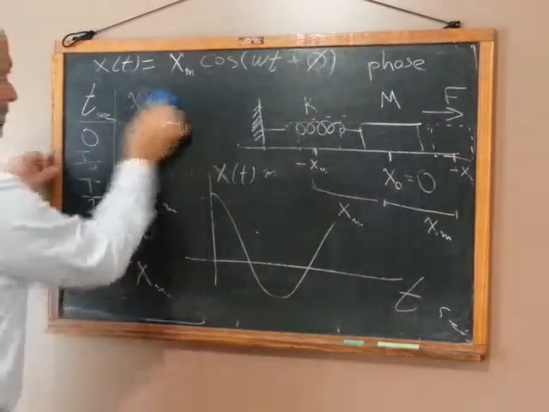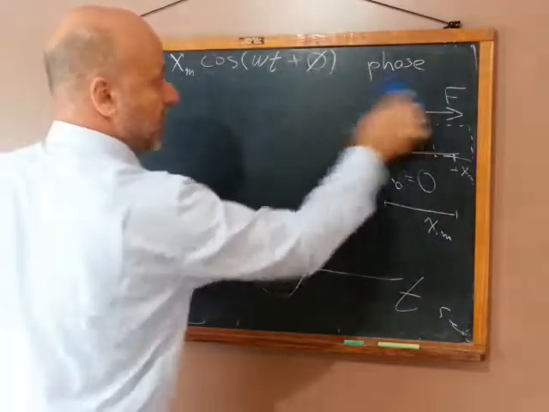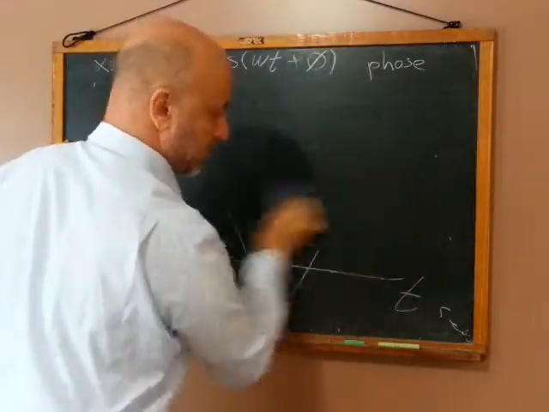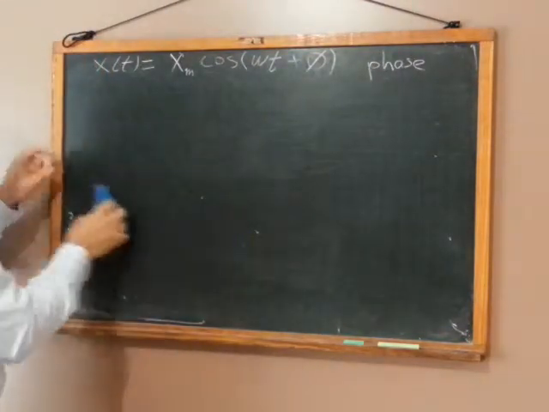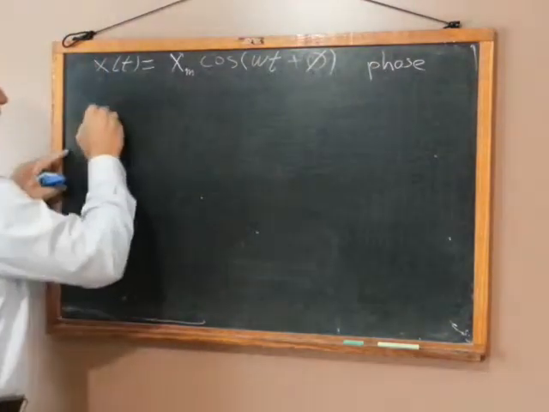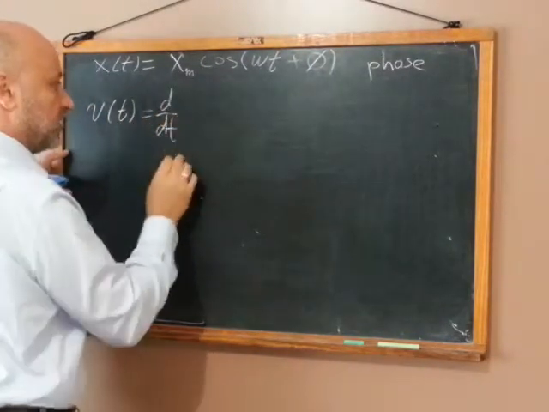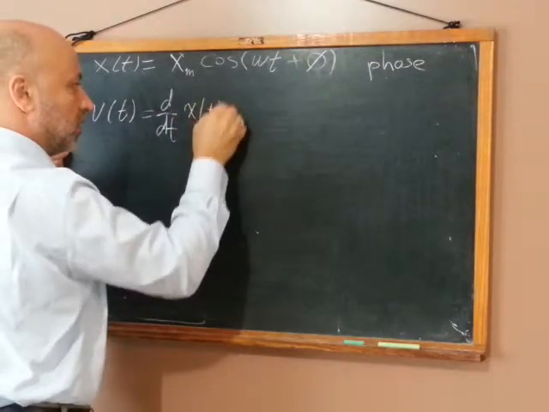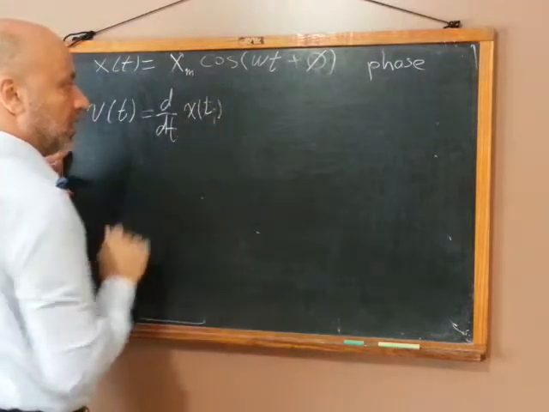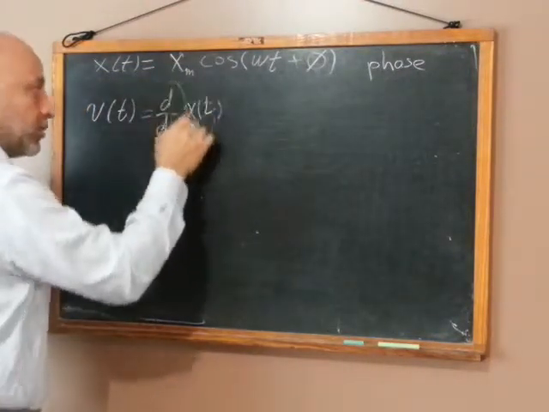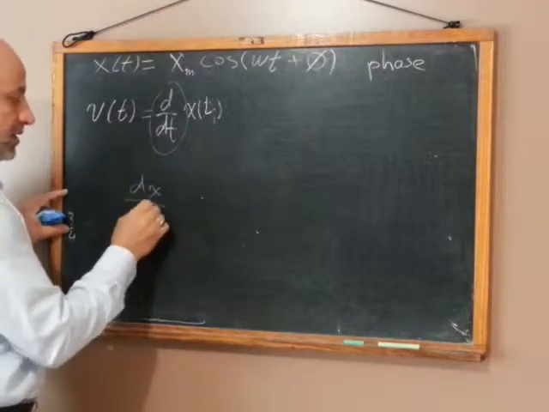So I'm going to erase these and get the other physical quantities. If we have position as a function of time, then it's very easy to get the velocity as a function of time, which is the first derivative of the position with respect to what? To t. I like to write the derivative this way, not like dx dt.